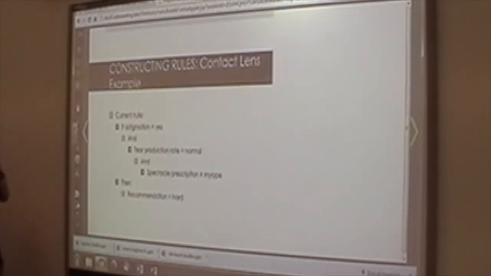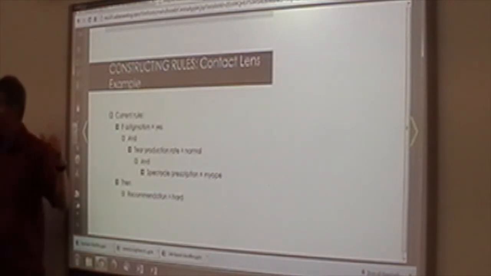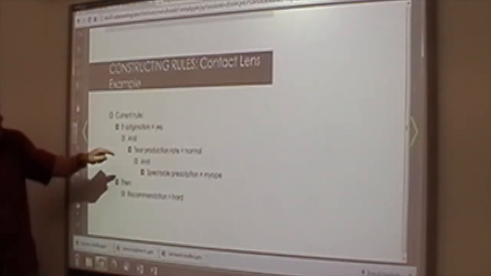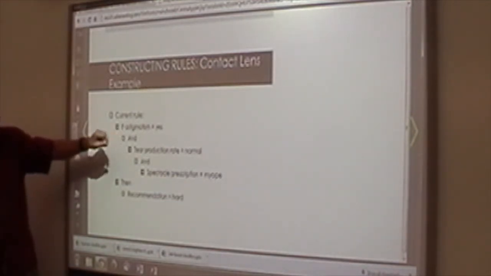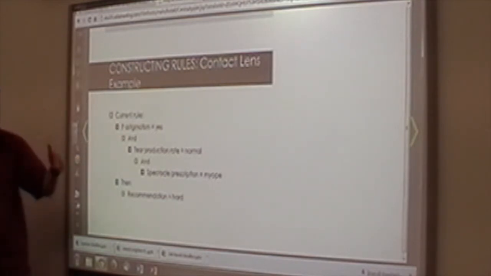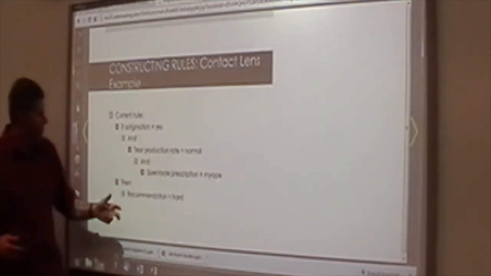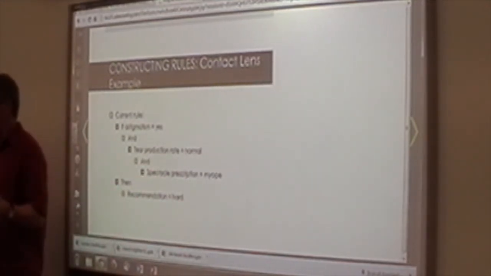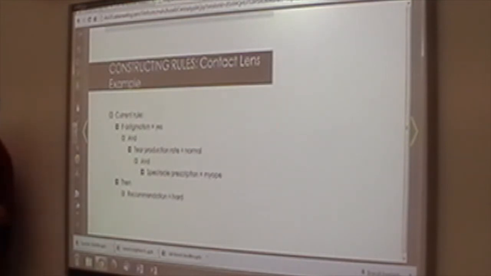So at the current state, our current rule stands as branching off of 3 if-then statements. If the astigmatism is yes, and the tear production rate is normal, and the spectacle prescription is myope, then the recommendation is hard contact lenses.